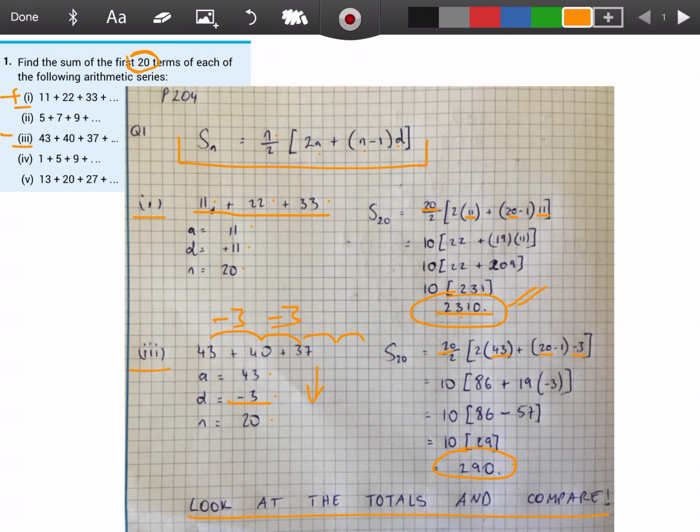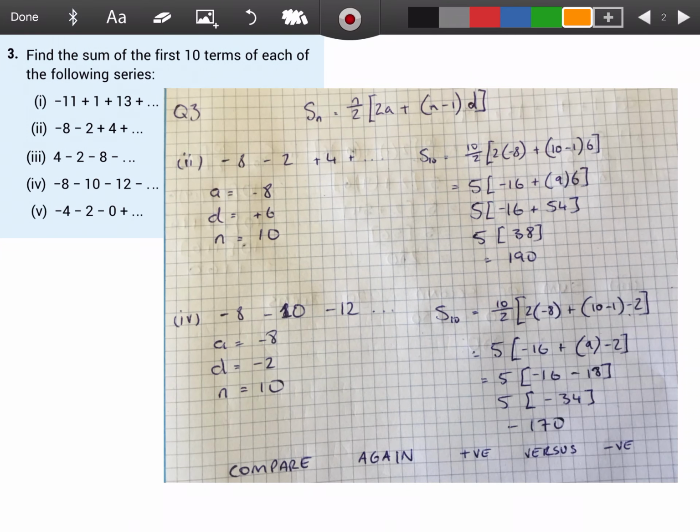So 43 plus 40 is 83, and then I add another 37, but the number I'm adding on is decreasing each time. Hence this number isn't as high as what we got up here, because in part 1 the number is increasing every time. It's going up and up and up. So that's why the two are so different.